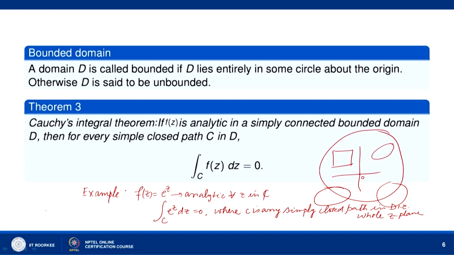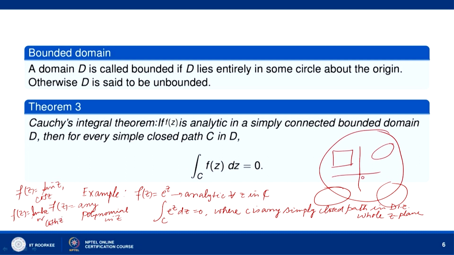You can take any polynomial, f(z) can be any polynomial in z. The same situation holds: the integral over C of f(z) dz will be 0. You can take f(z) to be sin z or cos z, or f(z) equal to sinh z or cosh z.